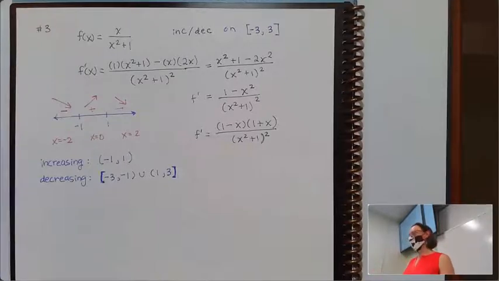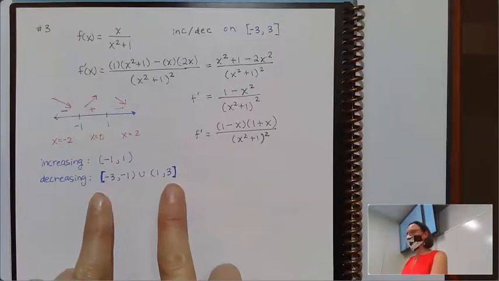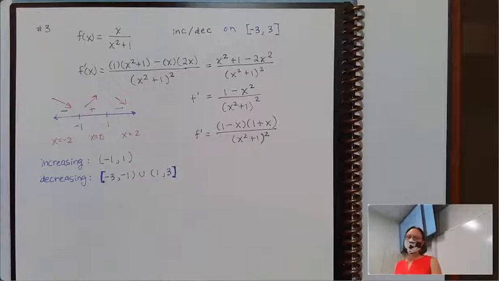What's different in this case is we really do have a negative slope at both of those endpoints. So it is still decreasing on that interval. Cool. Good times.